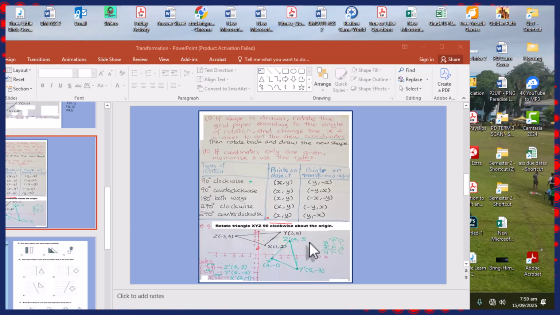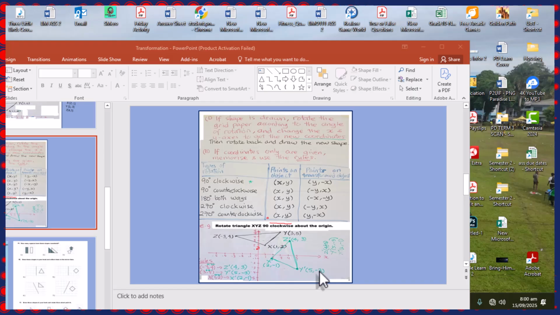Confirm. Point Y. The coordinates on the object are 3, 5. So to rotate it at 90 degrees clockwise, we switch the coordinates around. So 5 becomes the x coordinate and 3 becomes the y coordinate with a negative sign.